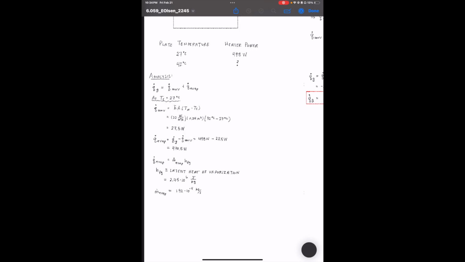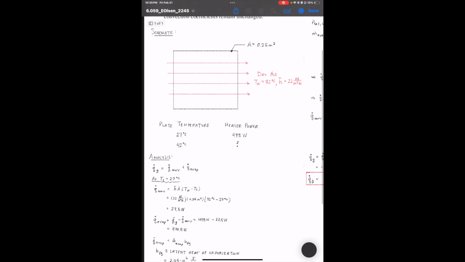In order to find that wattage, we first need to find what the evaporative heat transfer rate is. Since this is at steady state, we know that our heat generated is going to be equal to our heat transfer due to convection plus our heat transfer due to the fluid evaporating, in this case, water. And for 27 degrees Celsius, we can easily find our heat transfer due to convection since we know all of these terms.